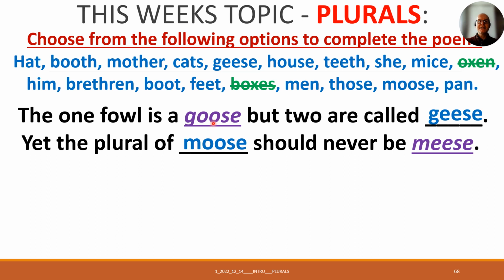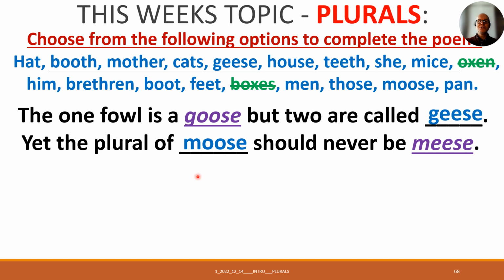So again, very similar words, goose and moose, but the plurals are different. Geese. The plural for moose is moose. One moose, two moose. Whereas the plural of goose is geese.